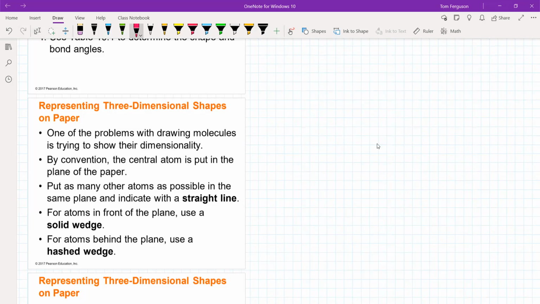Okay, so if we look at methane again. Methane is a tetrahedral, 3-dimensional tetrahedral. And how would I represent it using these triangular things? Okay, so one way to do it would be like this.